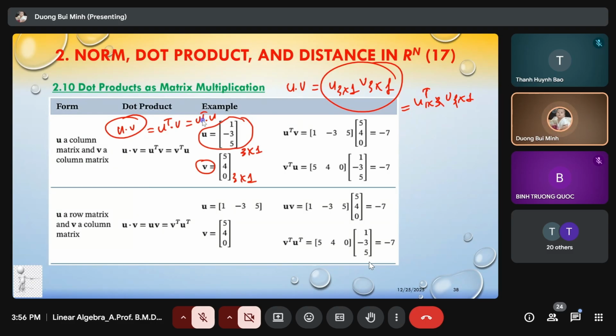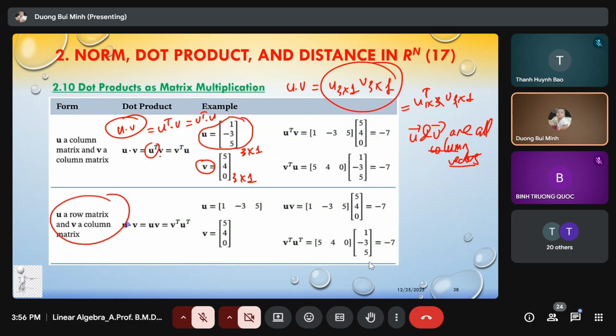To simplify the notation: if u and v are column vectors, when we take the dot product u dot v, we need to take the transpose of u times v, or the transpose of v times u.